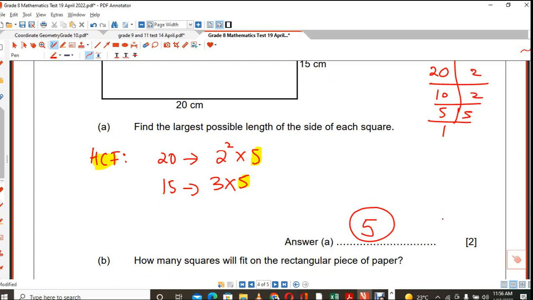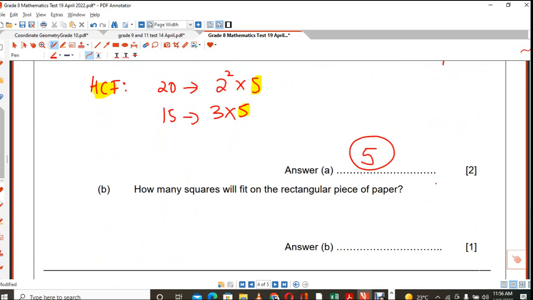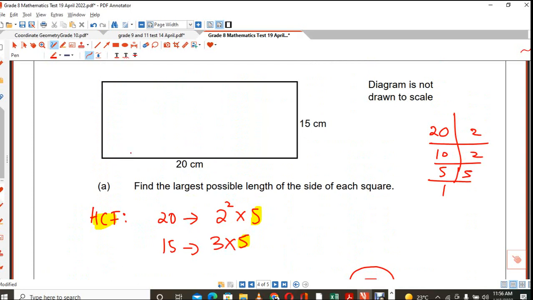What does it mean? Let's take this distance, 20, we divide it by 5. We'll get 4. Am I right? Yes? That means we have to get 4 of these.